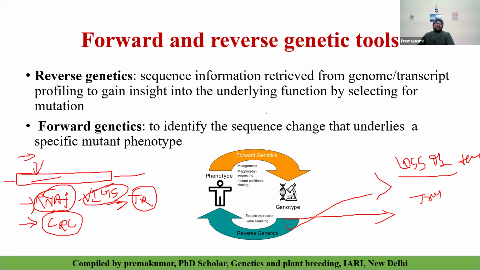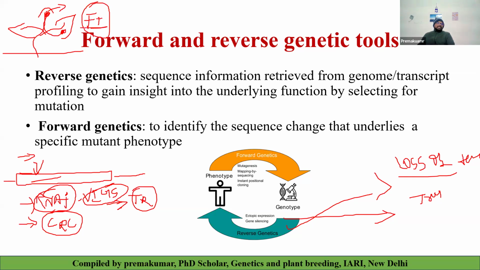Based on that, we can study. For example, there is a gene called FT gene, the flowering locus gene. It is produced in the leaf and goes up to the apical meristem, and it will start flowering.